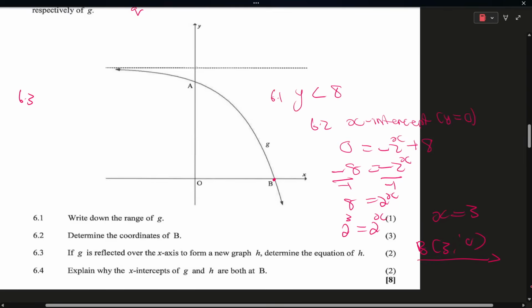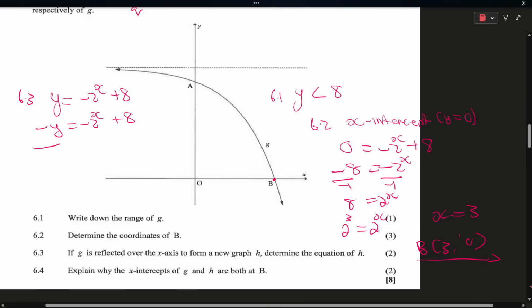So now my graph says y is equal to minus 2 to the power of x plus 8. And the graph is reflected above the x-axis. So it means where there is y, I must introduce a negative. So I'm going to have negative y is equal to negative 2 to the power of x plus 8.